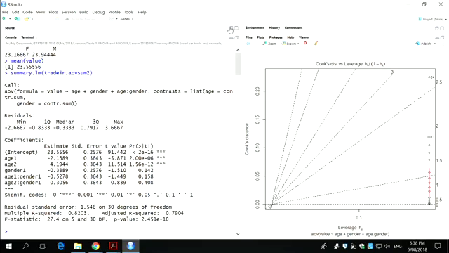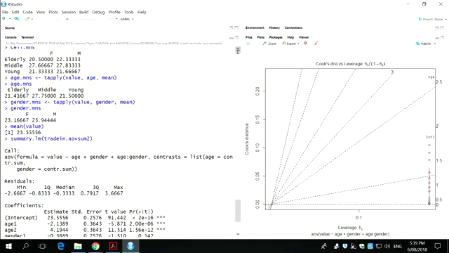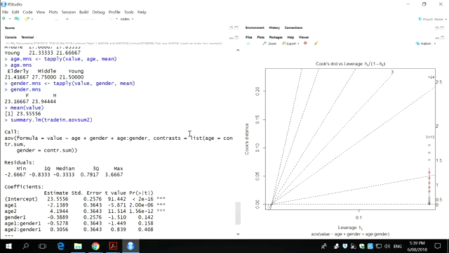If I go up a bit, okay, the elderly. Well, 23.5 minus 2 point something gives me that. 23 plus that gives me that.